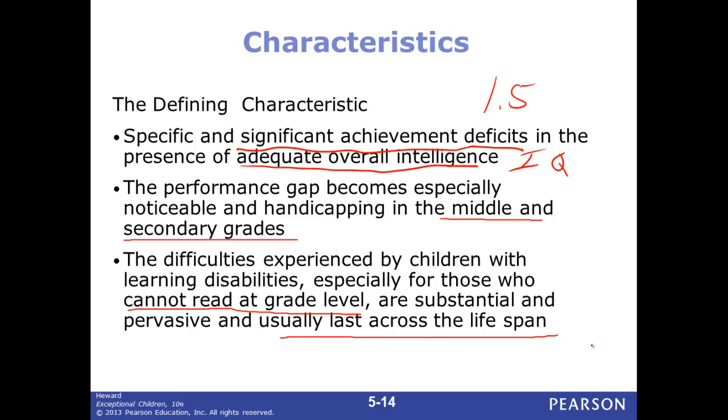Not always. I remember a young man giving a talk one time who didn't learn to read until he was 21. But for the most part, if this deficit is here, it's across their entire life. They're poor readers and have these learning problems. Those are the defining characteristics, these three things.